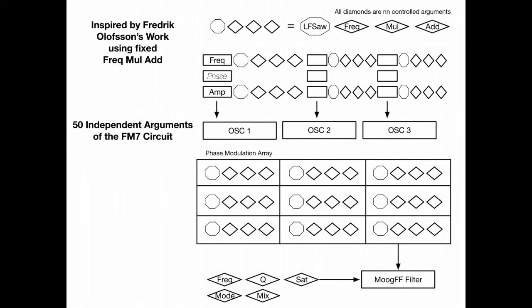Okay, so here's the circuit that I am using, and I'll just say off the bat that this was inspired by Fredrik Olofsson's work he did in 2007 using this module. Basically, he found these fixed values for the frequency, multiply, and add.